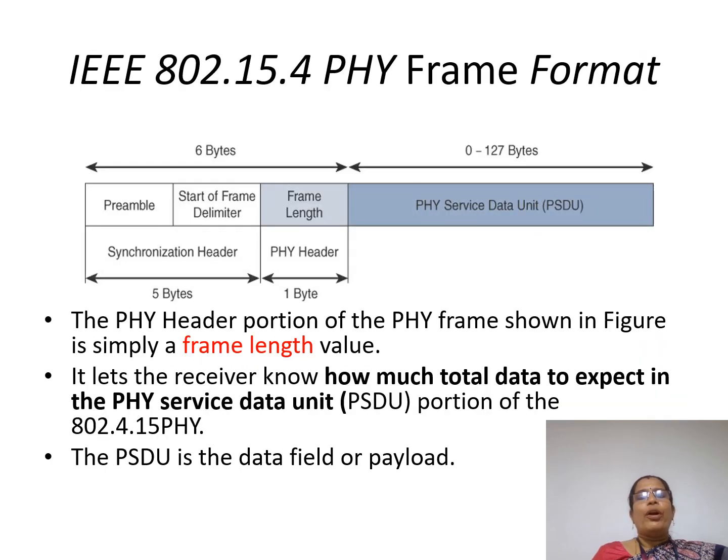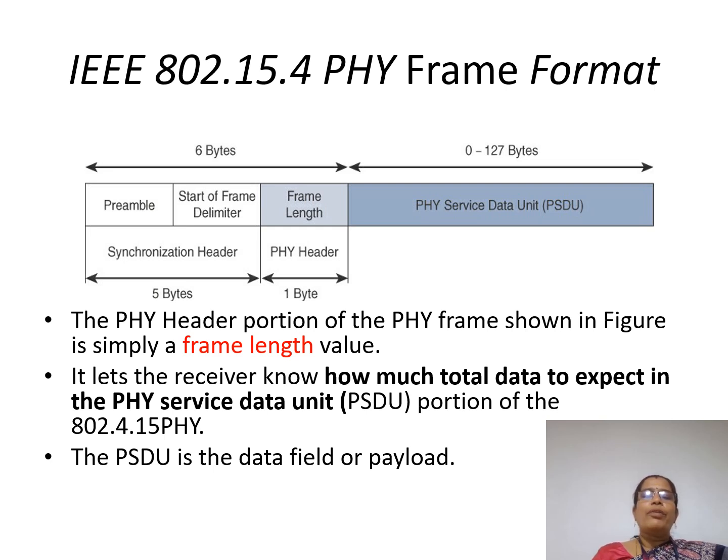This is the IEEE 802.15.4 physical frame format. The first field is the preamble, and the second is the start of frame delimiter. These two form the synchronization header, which carries 5 bytes.